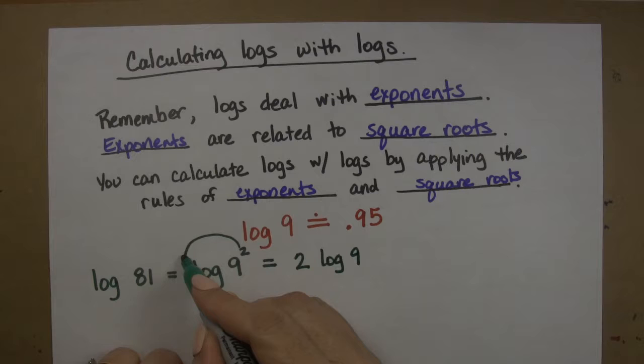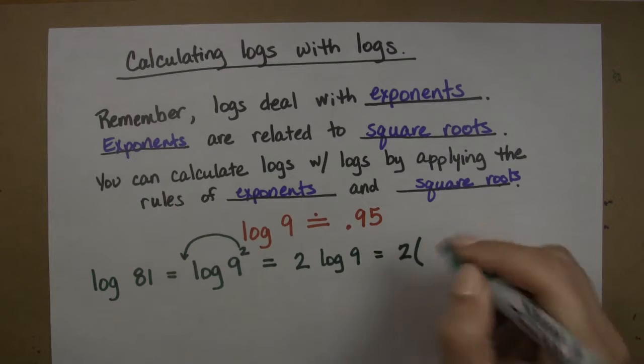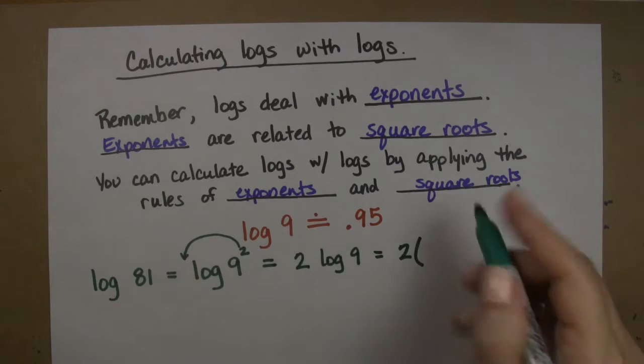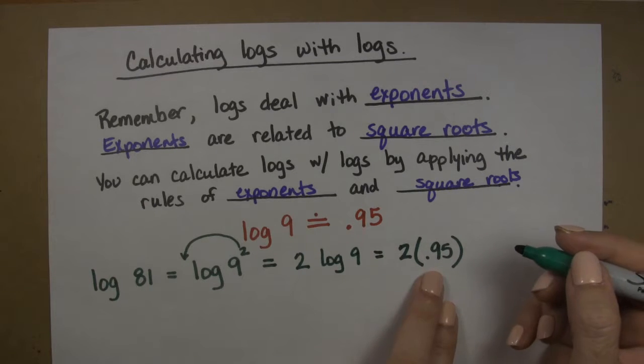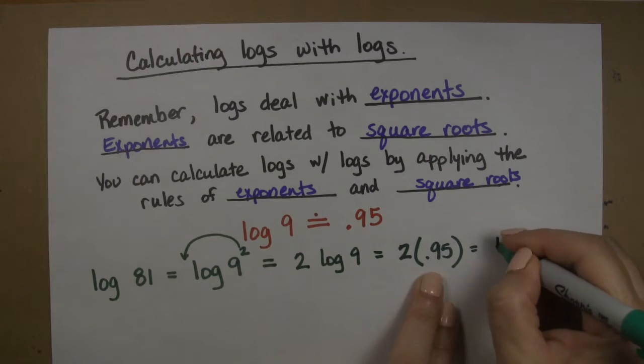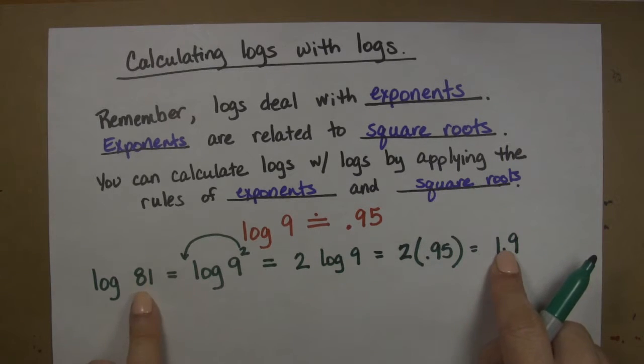Because this 2 flies over and lands in front of the log. Well, 2 log 9 is 2 times the log of 9, which is 0.95. And if I do that math, it might take me a little while without a calculator, but I would eventually get to 1.9. So I know that the log of 81 is 1.9.